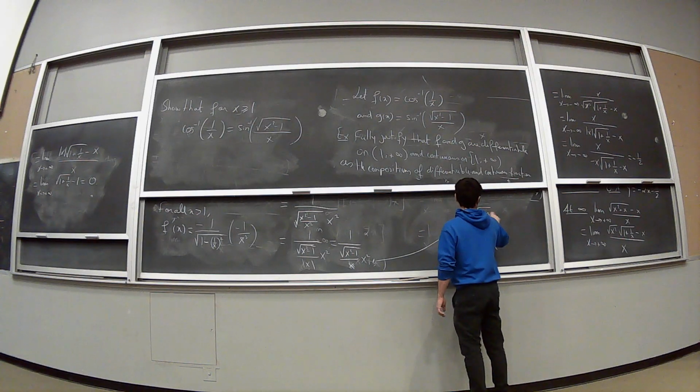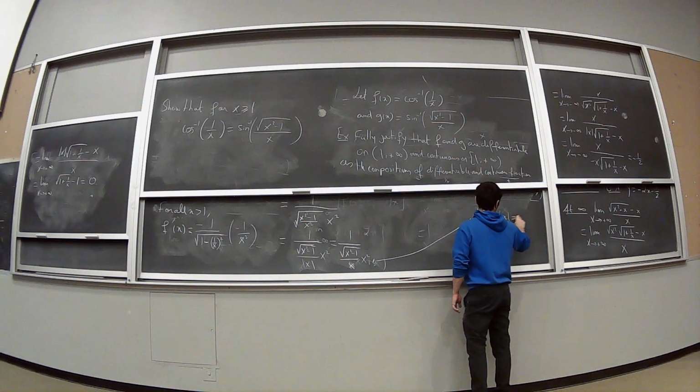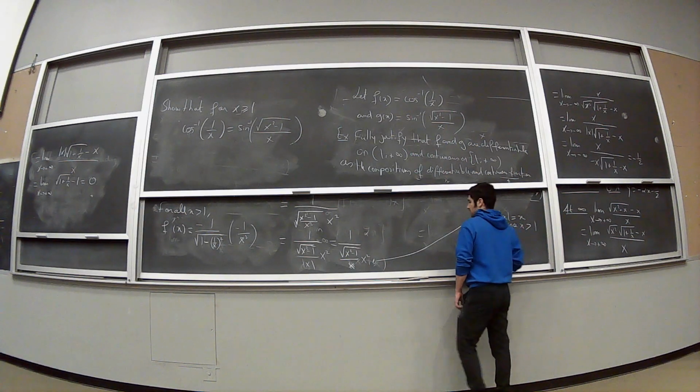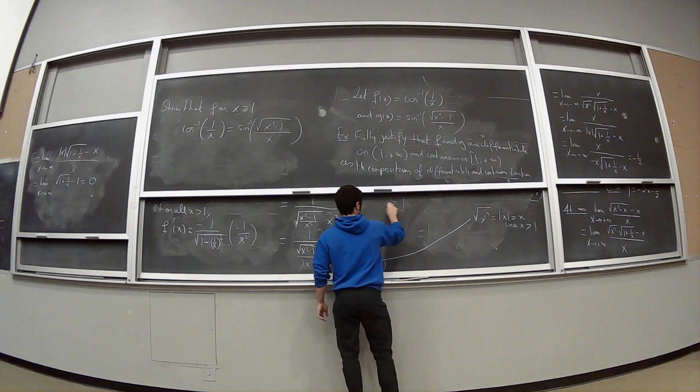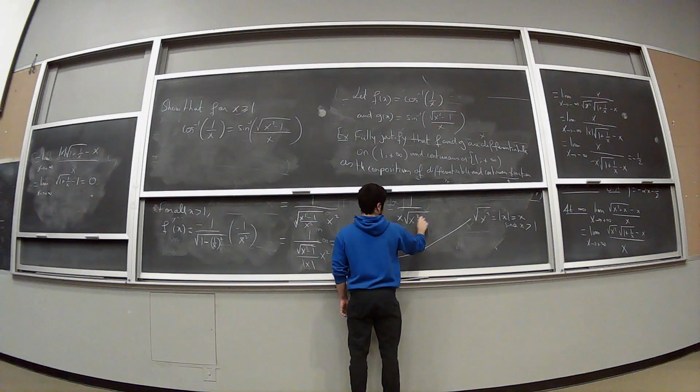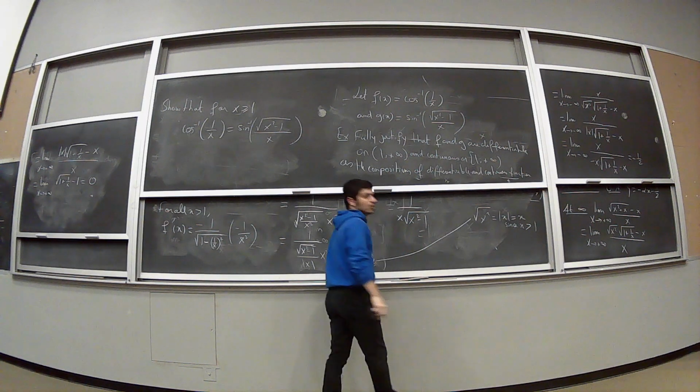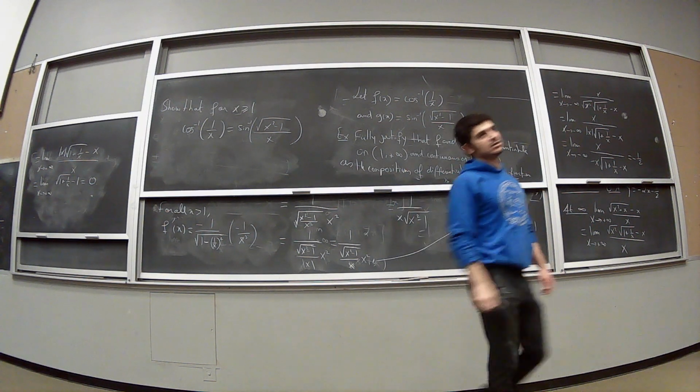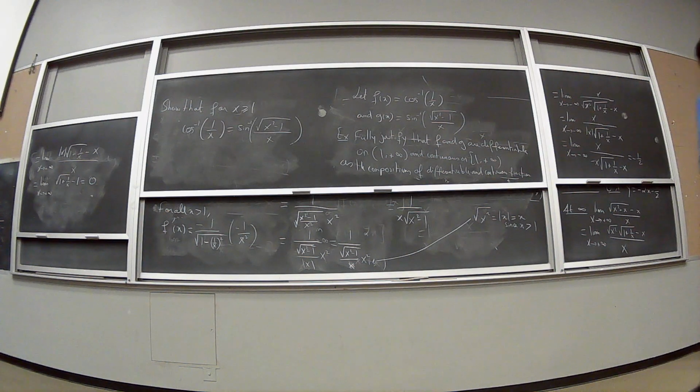The square root of x squared is equal to the absolute value of x, which is equal to x, since x is strictly bigger than 1. And let's write this nicely. This is just 1 over x square root of x squared minus 1. Okay? Really, this is just a type of secant, secant inverse of x.